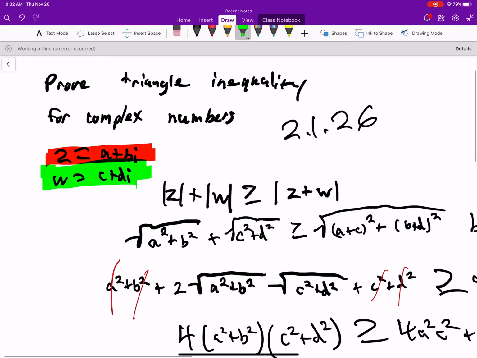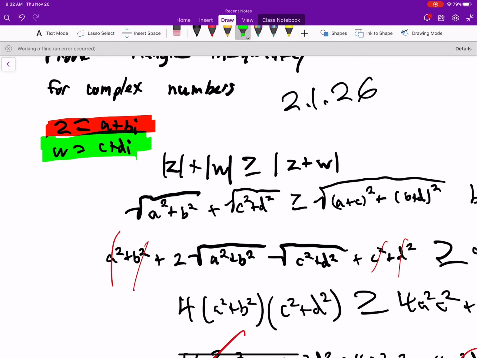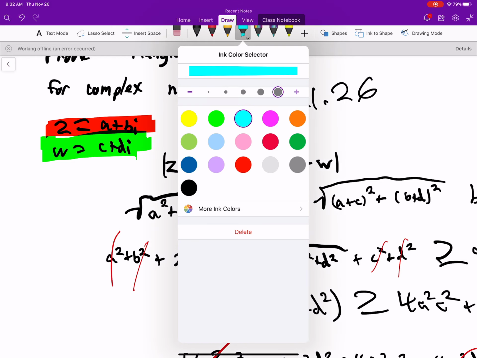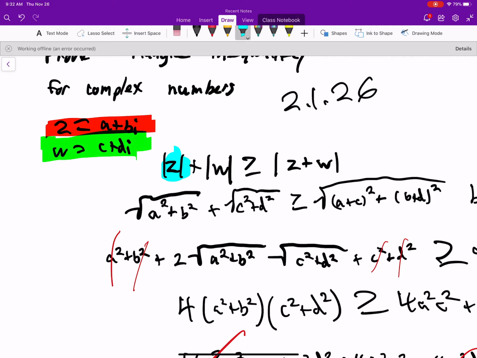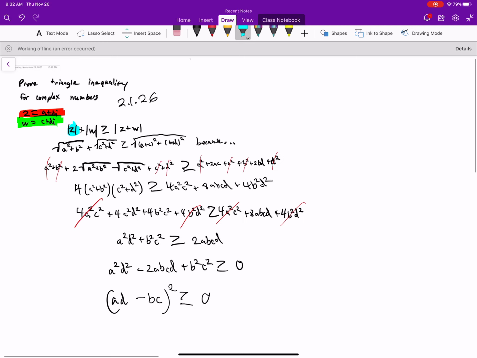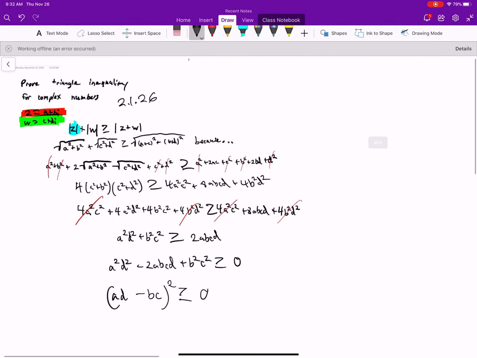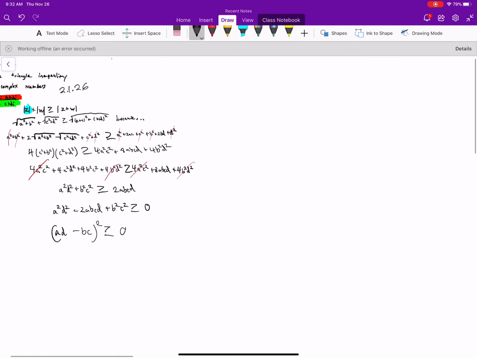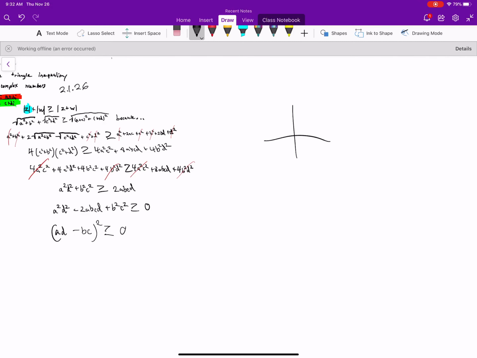So what we can do here is take the magnitude of z. I'm looking at this part right here, and I want to know the magnitude of z. Well, let's find the magnitude of a complex number real quick, just as an example. Let's say we have a complex number, and that is going to be a plus bi.